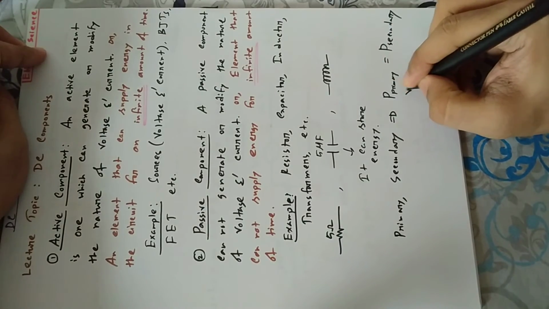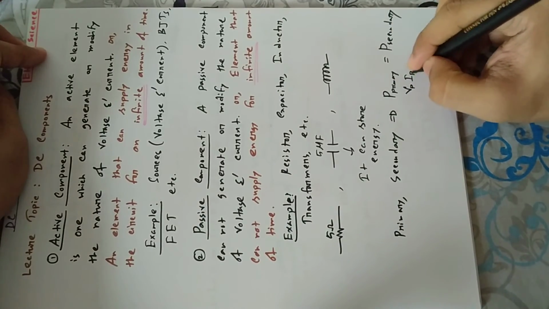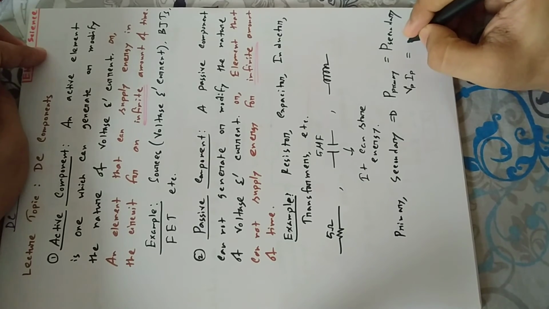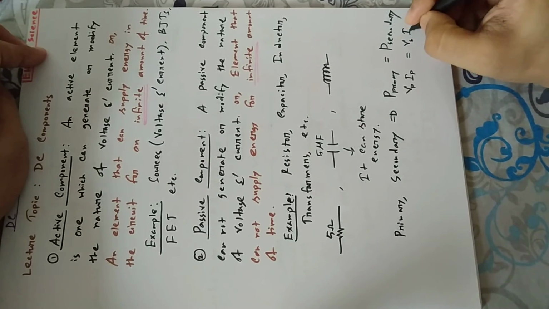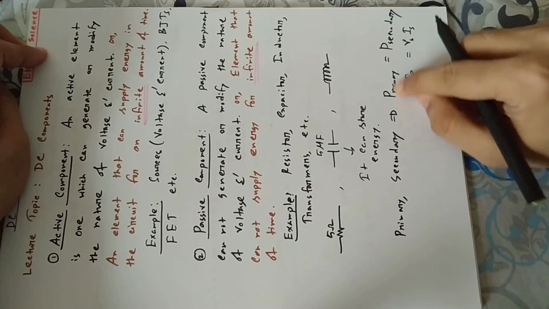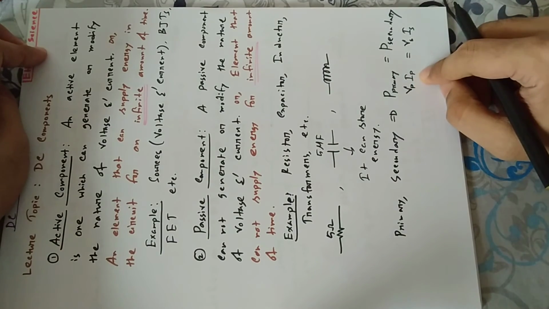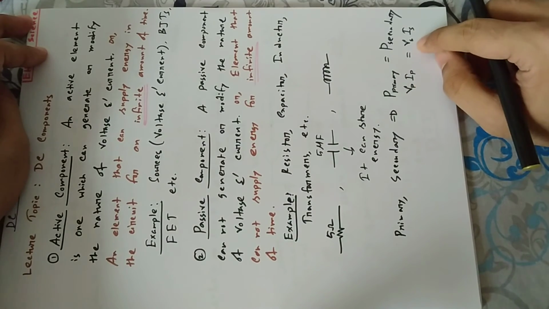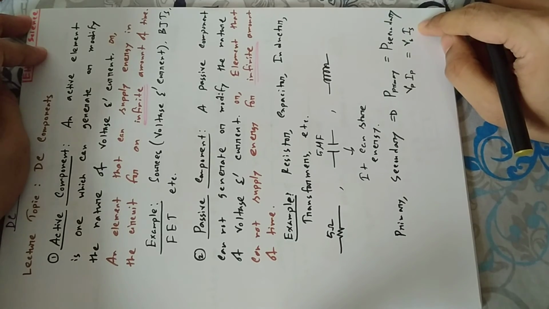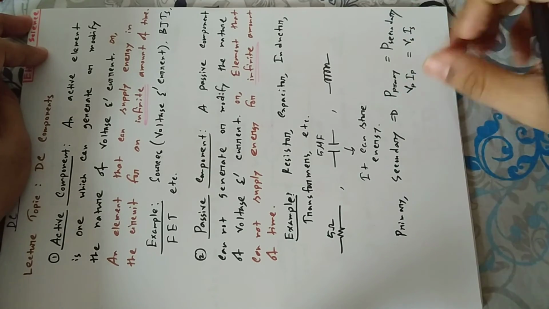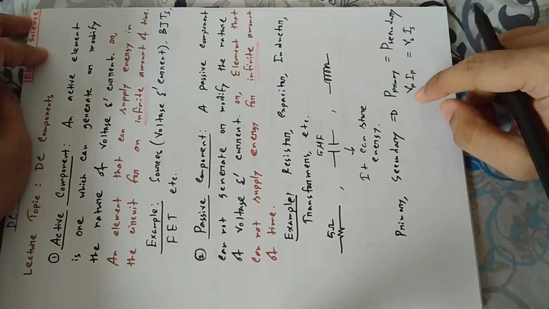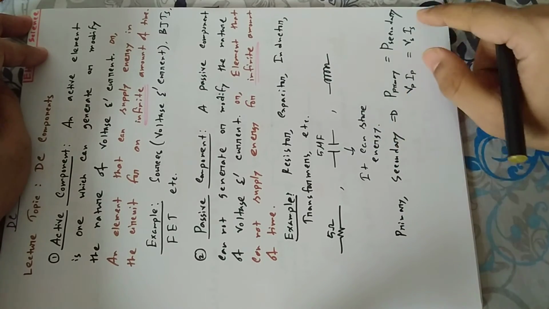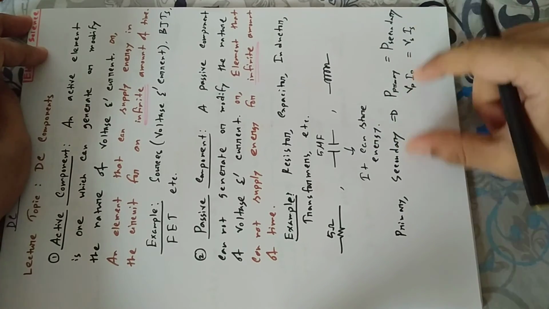If primary voltage is Vp, primary current is Ip, and secondary voltage is Vs and secondary current is Is, the product of primary voltage and current is always the same as the product of secondary voltage and current. So the power in primary and secondary is the same for a transformer.